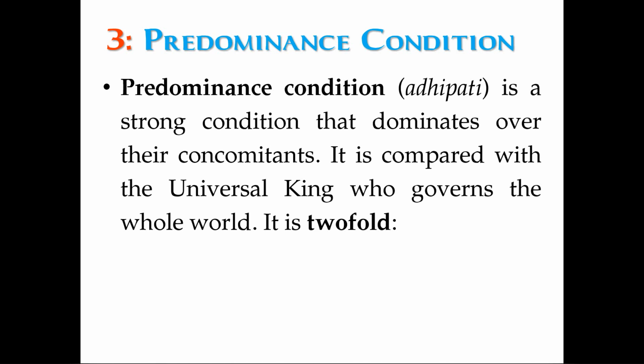In Buddhist cosmology, the universal king governs the whole world, not like in America. By way of Dhamma, in a righteous way, he governs the whole world. So he is called the universal king, the universal monarch. There is only one universal monarch, and he governs the whole world.